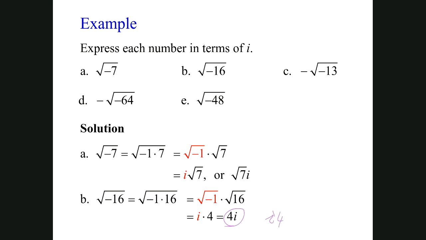So we like to write down 4I, even though these two are equal, because we want to write in what is called a standard format, okay? You write down A plus BI, that kind of thing. We like to put I at the end, but for this one, we recommend you write it this way because we don't want you to put an I inside the square root by accident, okay? So that's the purpose. All right.